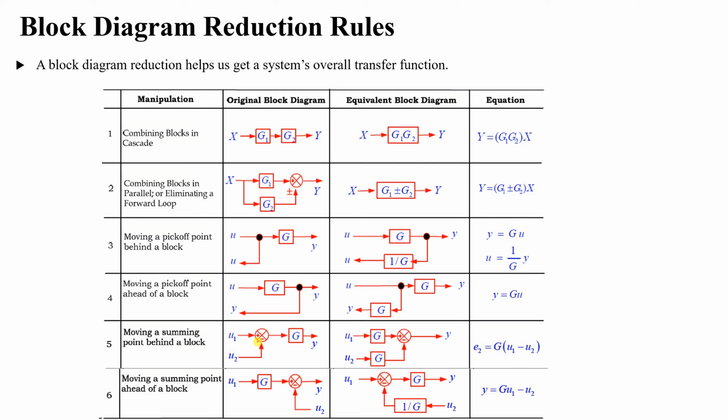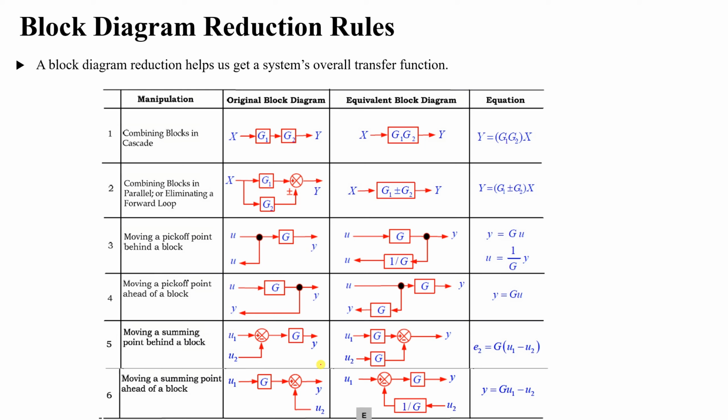Now, let's say we have two difference points and we have Y. Here we will have U1 minus U2 entering a gain G. So our output Y will be U1 minus U2 multiplied by the gain G, as you can see here.